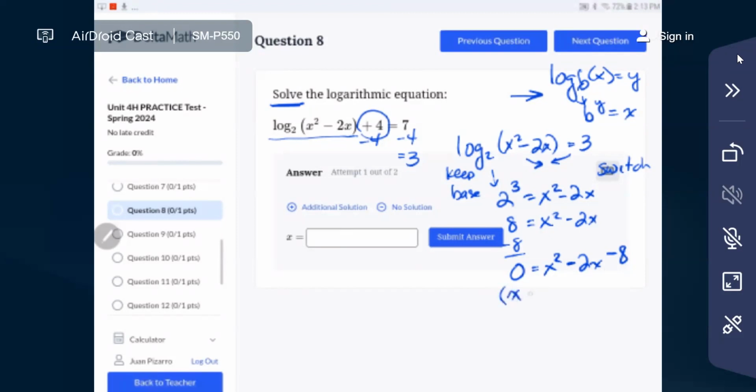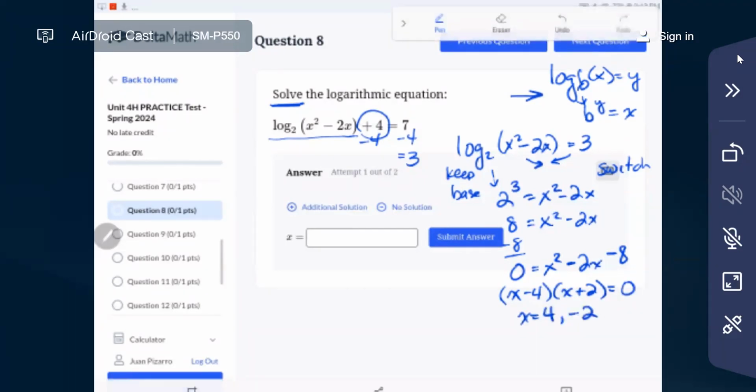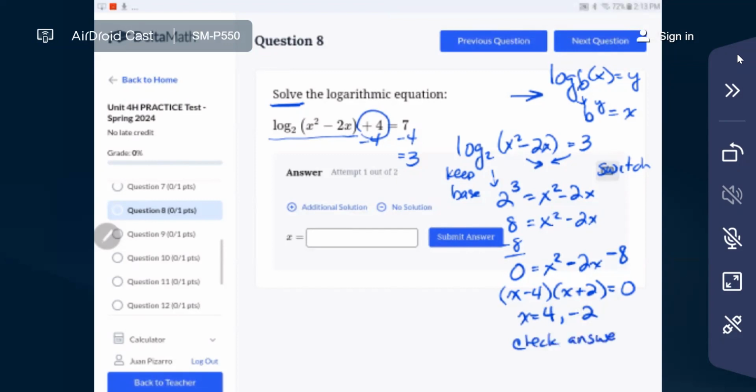But since I'm good at factoring, I'm just going to write our two answers, x equals 4 and negative 2. All right, now the next thing we want to do, if you remember, is check answers. Because this value right here cannot be negative.